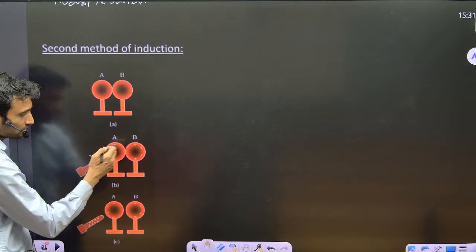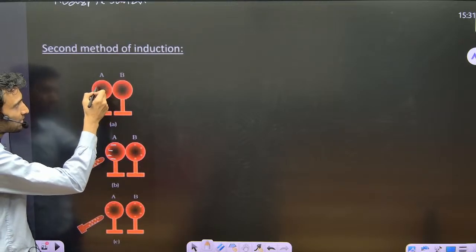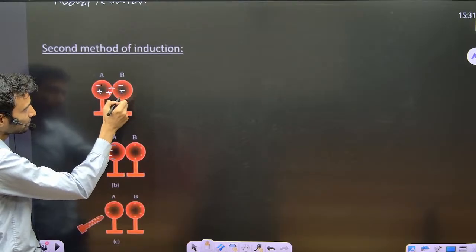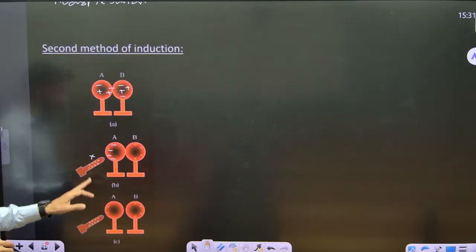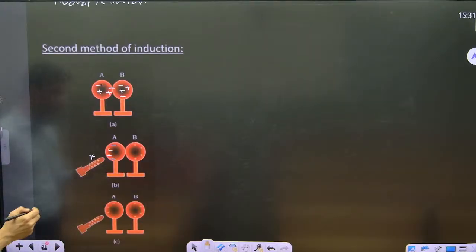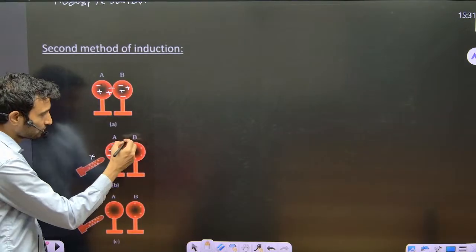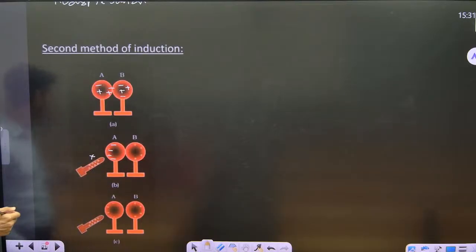And see, this is neutral, right? Neutral means it has got negative also and positive also, right? But because of the positive charge that I've got, it is going to attract all the negatives and it's going to repel all the positives. Which charge will get repelled?